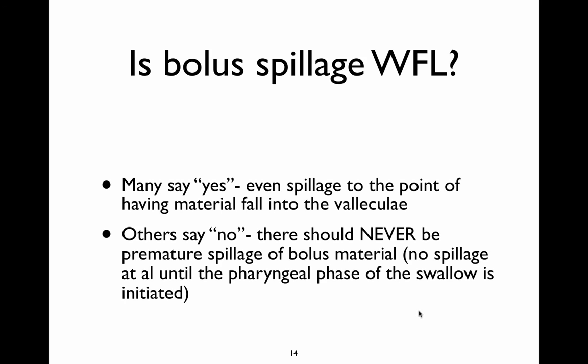If I have an otherwise healthy 83-year-old who maybe has a little bit of premature spillage of, let's say, solid into the vallecula, before the initiation of the next phase, the pharyngeal phase, but there's no entering of that material into the airway and no sense at all that the swallow is otherwise abnormal. If those things are all true, I'm much less likely to be concerned about spillage into the vallecula prematurely.